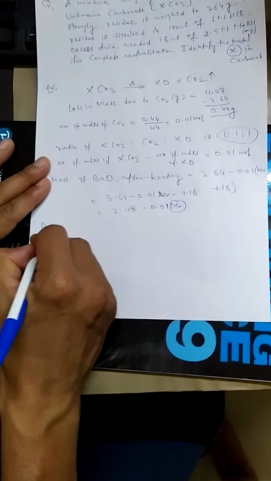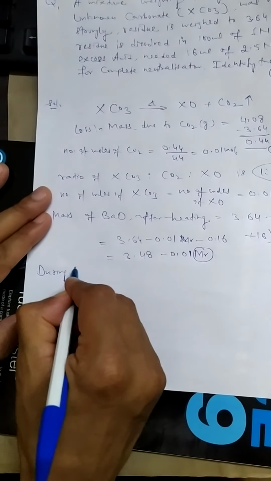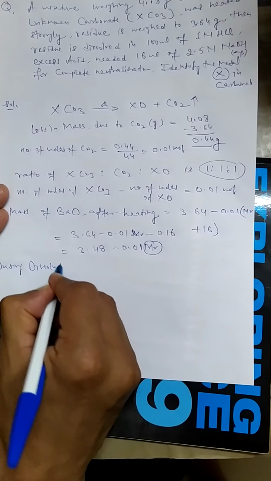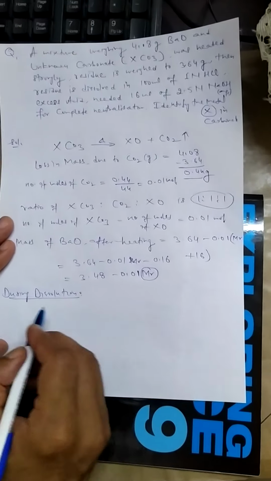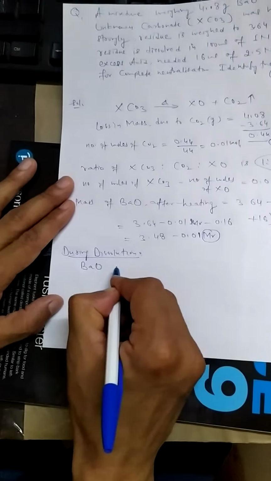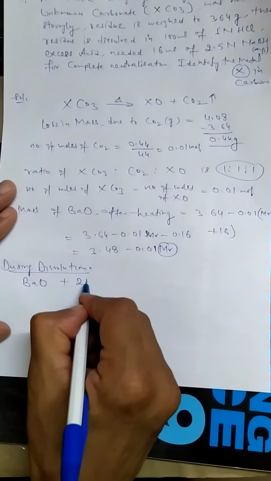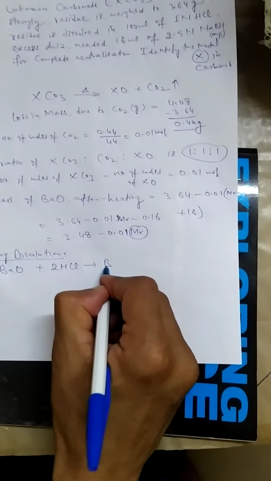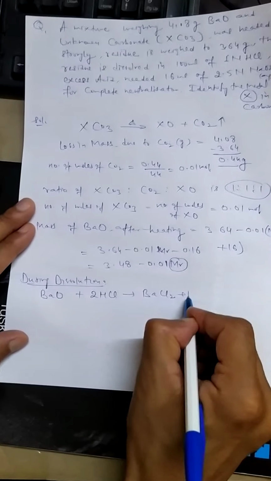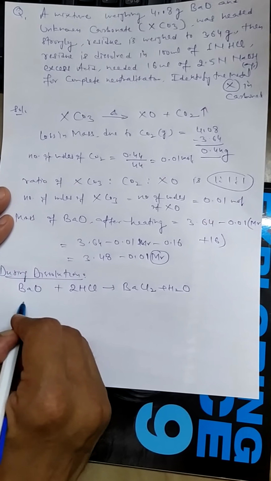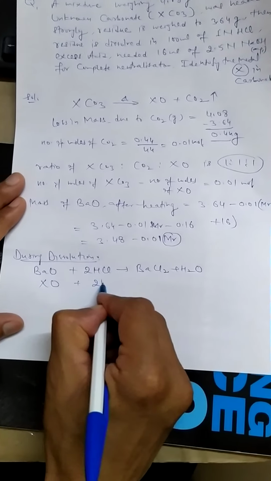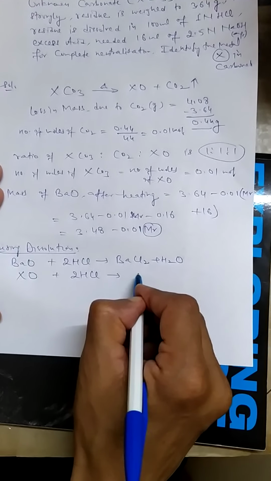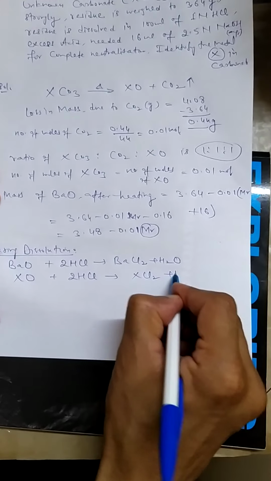Then during dissolution, when we are actually dissolving the residue in HCl, the following two reactions happen. Barium oxide reacts with hydrochloric acid to give you barium chloride plus H2O. Similarly, XO, the oxide, reacts with HCl to give you XCl2 plus H2O.